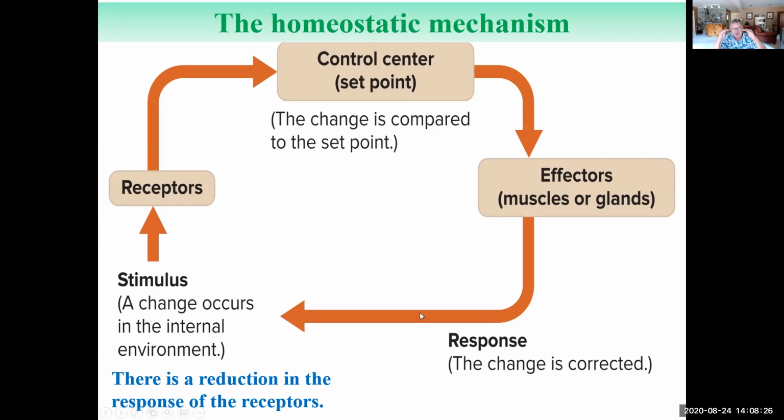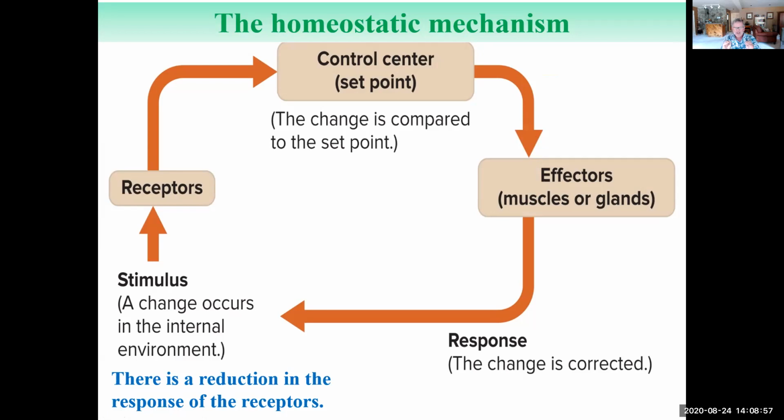So when the body temperature begins to drop, there's less and less stimulation of those thermoreceptors in the skin. And then there's less stimulation of the control center, which in that case, remember, is the brain, which means that over time, the sweat glands will begin to produce less and less sweat because we're getting closer and closer to that 37 degrees Celsius or 98.6 degree Fahrenheit body temperature.